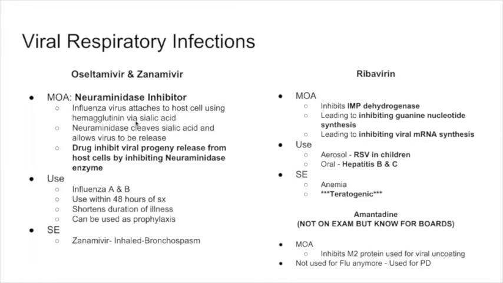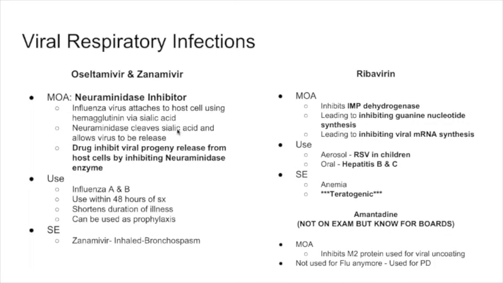How it gets out of the cell, of course, after it replicates, the influenza virus wants to get out of the cell. And how it does that is that there is this enzyme called neuraminidase, and it cleaves the sialic acid and allows the virus to be released. When you give oseltamivir, which is a neuraminidase inhibitor, you cannot cleave the sialic acid.